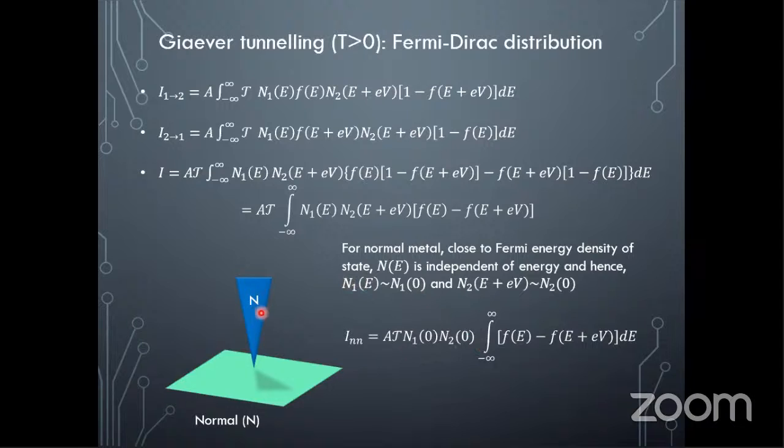So if I have a normal metal and a normal sample, both tip and sample are normal, then the current is I_NN, normal to normal, and it has an equation like this, where the density of states of metal 1 and of metal 2 are both coming out, and in the integral we have only the Fermi-Dirac distribution difference.